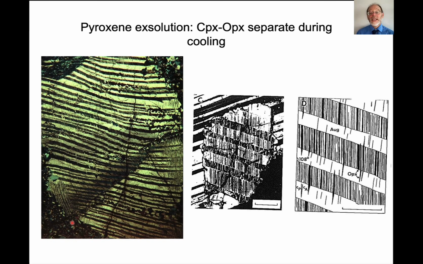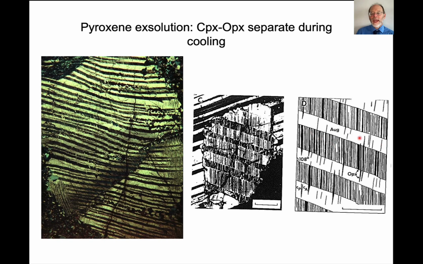We can actually see this in slowly cooled pyroxenes. So this is a photomicrograph of a pyroxene that's cooled slowly. This is another image of a pyroxene, and this is a sketch of a pyroxene. These are the different lamellae in here. These bands represent different compositions. And what's really amazing about this is that these darker bands are orthopyroxene.